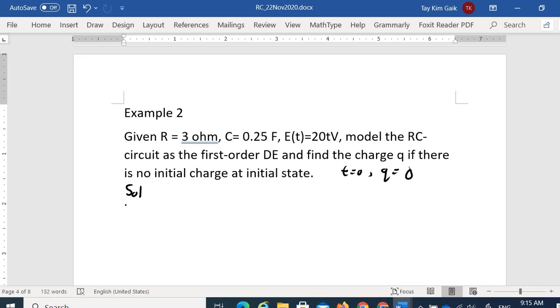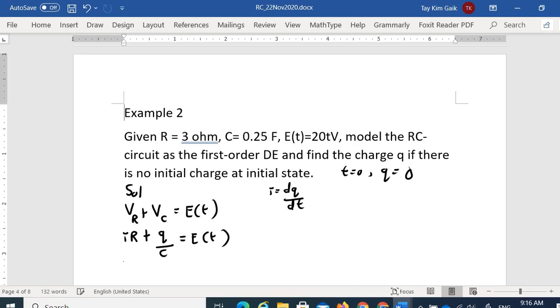So again we have VR plus VC equal to E(t). VR is IR. We want to solve in terms of charge, so for VC we use Q over C equal to E(t). And we know I is actually dq dt.